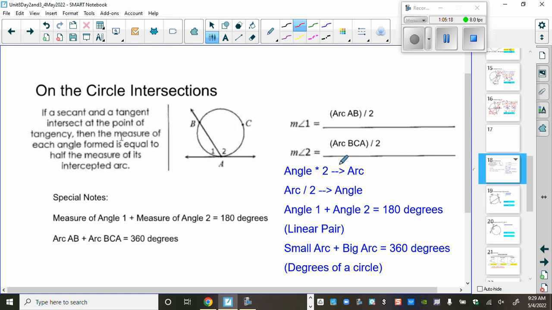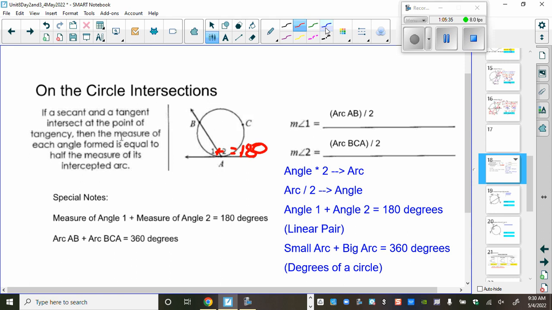That's basically it. And then again, your two angles add up to 180.